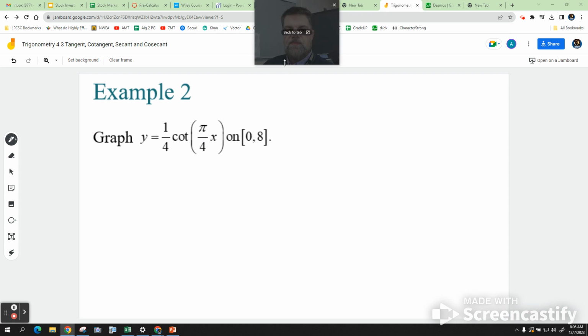So let's do the next one. Now the next one is basically the same thing, but it's cotangent. Now remember that cotangent of x is equal to 1 over tangent of x. Now, here's what you may not know: when you take the reciprocals of trig functions, you're basically just flipping them.